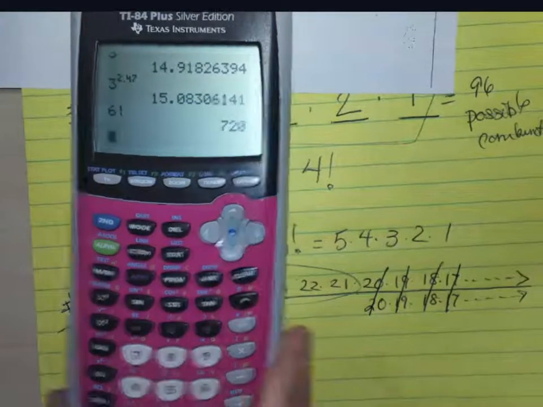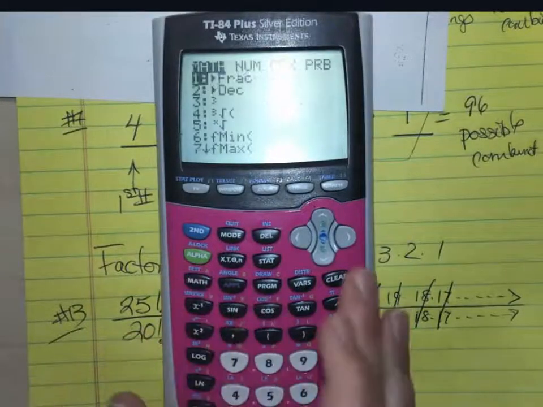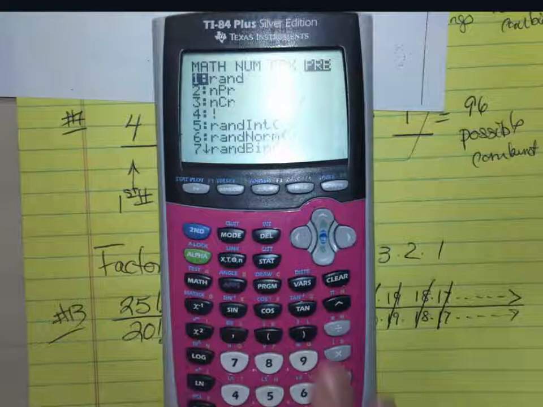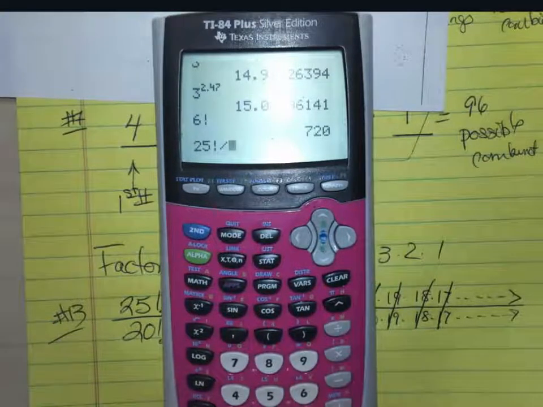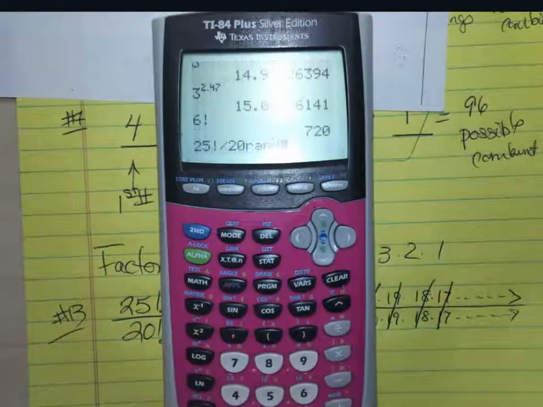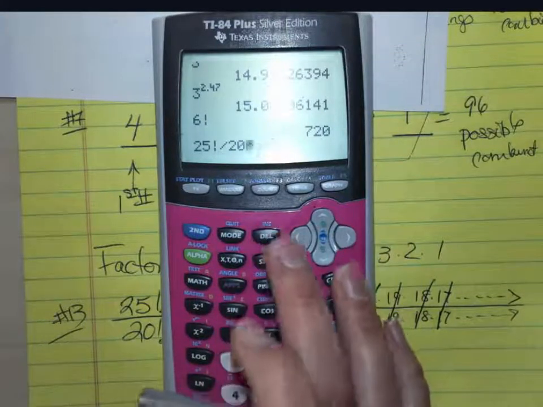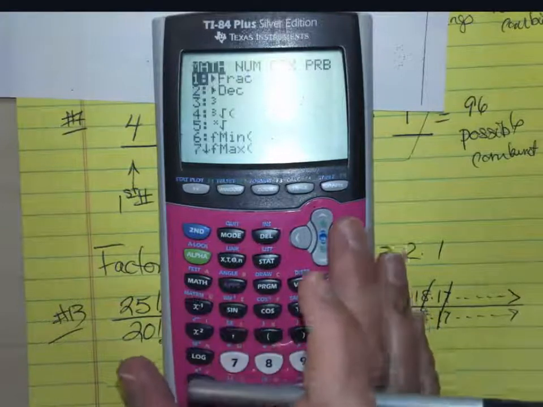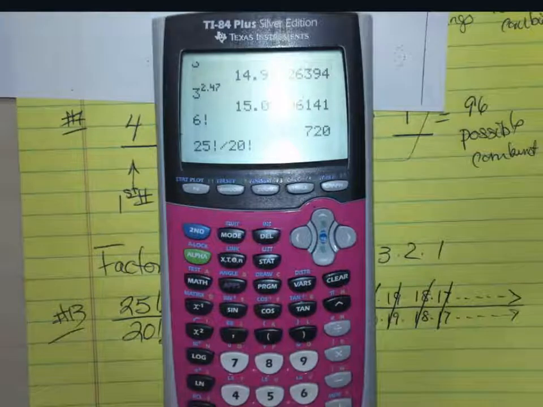You can also do things, let's try this one. I don't think it will handle it, but let's try it anyway. So math, PRB, go down to exclamation point, divided by 20, math, PRB, I forgot to go down to exclamation point.